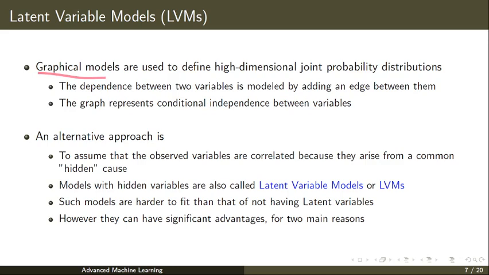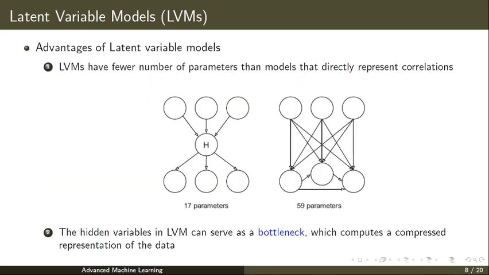Latent variable models have significant advantages. Two advantages are that latent variable models have fewer parameters than models that directly represent correlations. For example, in this case, if we have three nodes here and three nodes here, and in between we have a hidden variable, then we can represent it with 17 parameters.